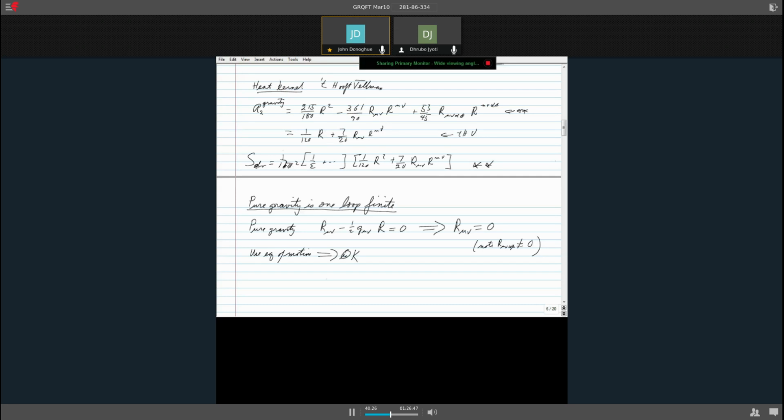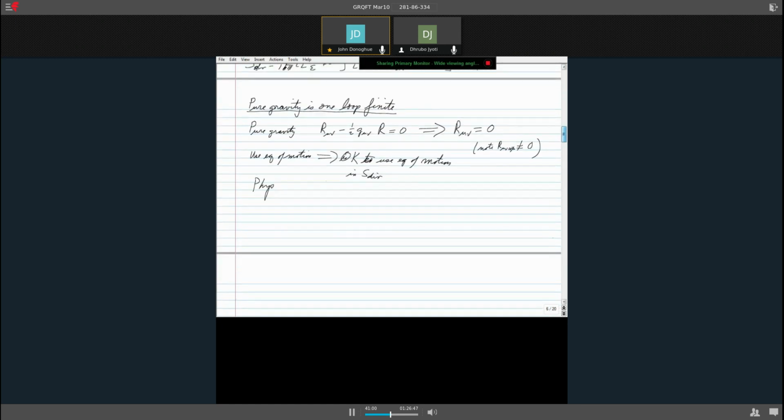If you do pure gravity, the equations of motion are R mu nu minus 1/2 g mu nu R equals 0, which then implies that R mu nu itself is equal to 0. Note that in pure gravity, R mu nu alpha beta is in general not equal to 0. So the Riemann tensor is not 0, but the Ricci is.